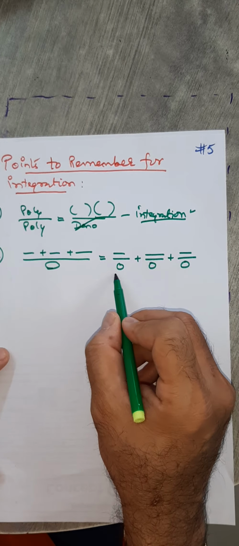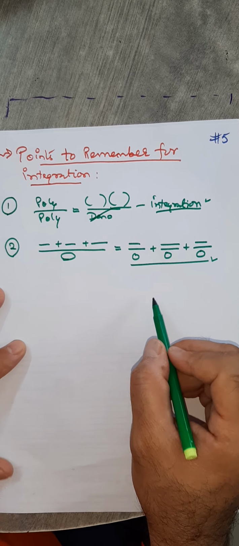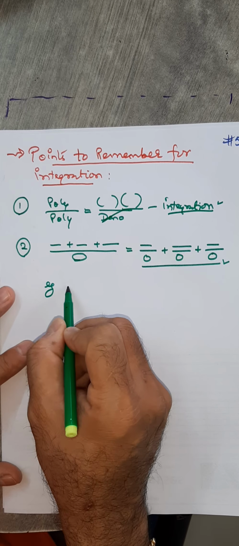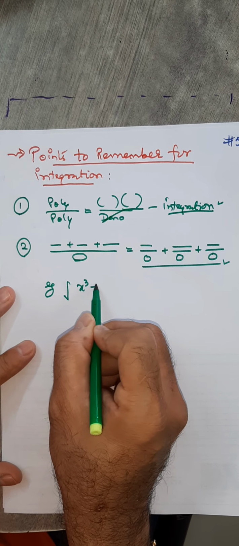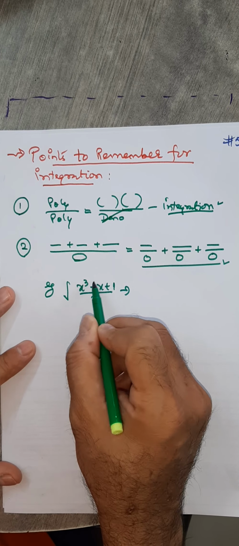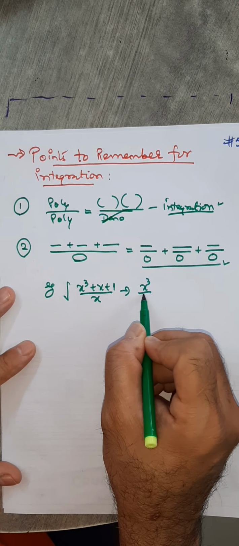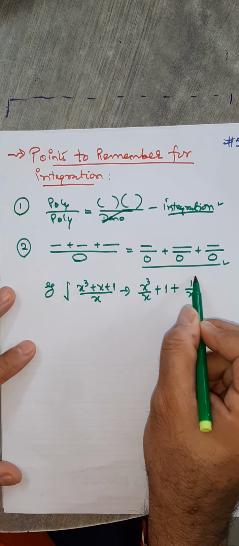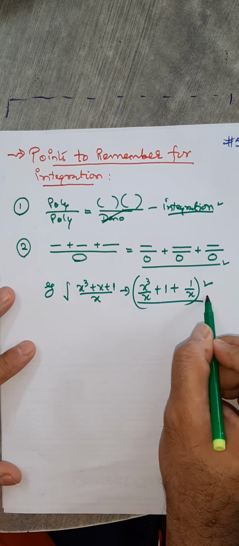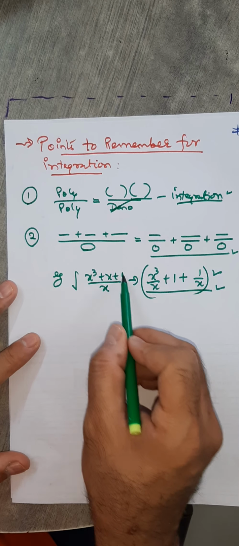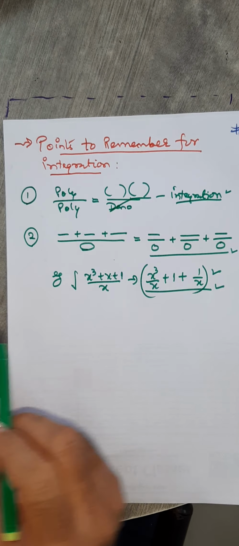Remember, individual division, distribution of the denominator. If I want to integrate, for example, x cube plus x plus 1 upon x, we do individual division. x cube upon x, plus x upon x which is 1, and 1 by x, and this can be integrated. Right? That's what I'm trying to tell you. More terms, single term, do individual division, because you don't have a division rule.